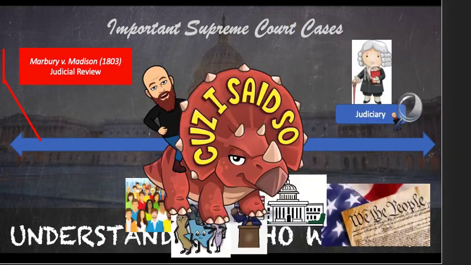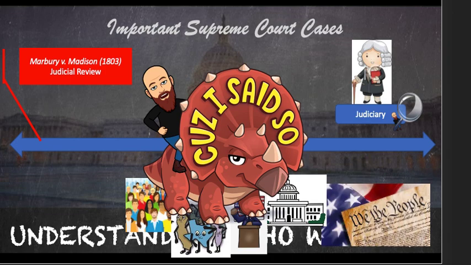All of these cases basically deciding that the government, and specifically the Supreme Court in the government, has the ultimate say-so in all of these cases. Whether it's the First Amendment, the Second Amendment, whatever, we have to go back to Marbury versus Madison, 1803, where the Supreme Court basically said that the Supreme Court gets to decide what the Constitution means for everything, and that's kind of the last word.